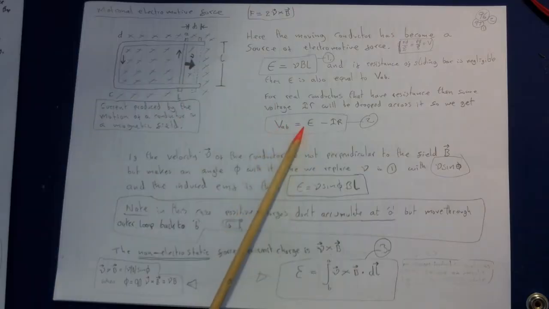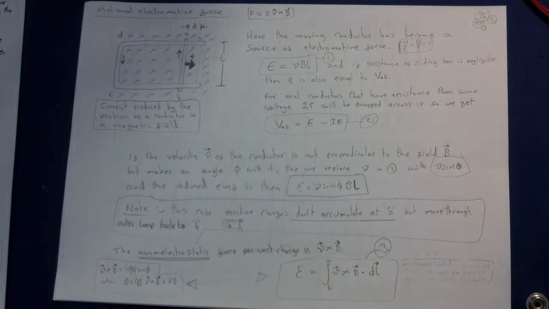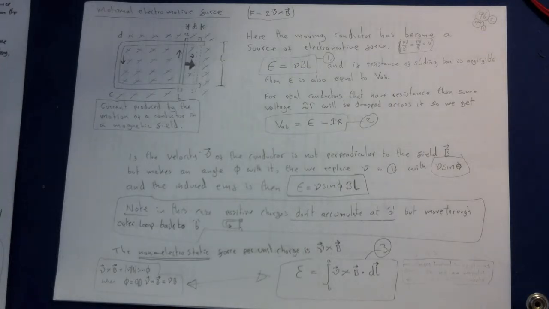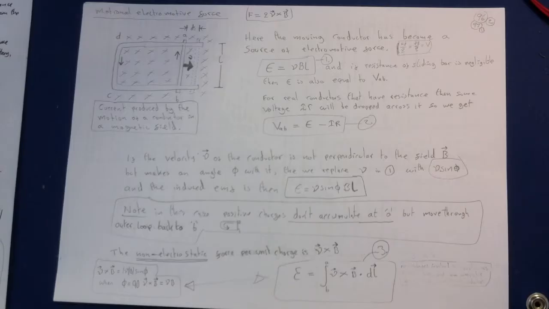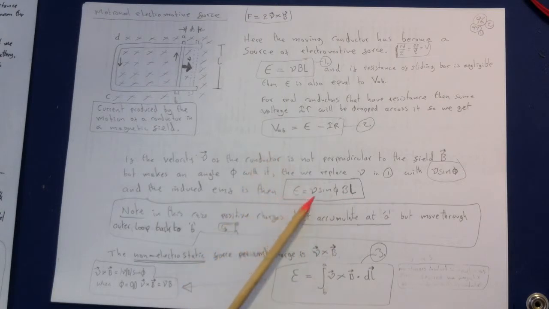We write V_AB equals the electromotive force minus the drop Ir. Note that this equation has exactly the same form as the relationship we use for EMF, terminal potential difference and current in a battery, although the origins of the two EMFs are completely different. If the velocity v of the conductor is not perpendicular to the magnetic field B, but makes an angle θ with it, then we replace v by v sin θ, and the induced EMF is v sin θ BL, so it's not just vBL anymore.